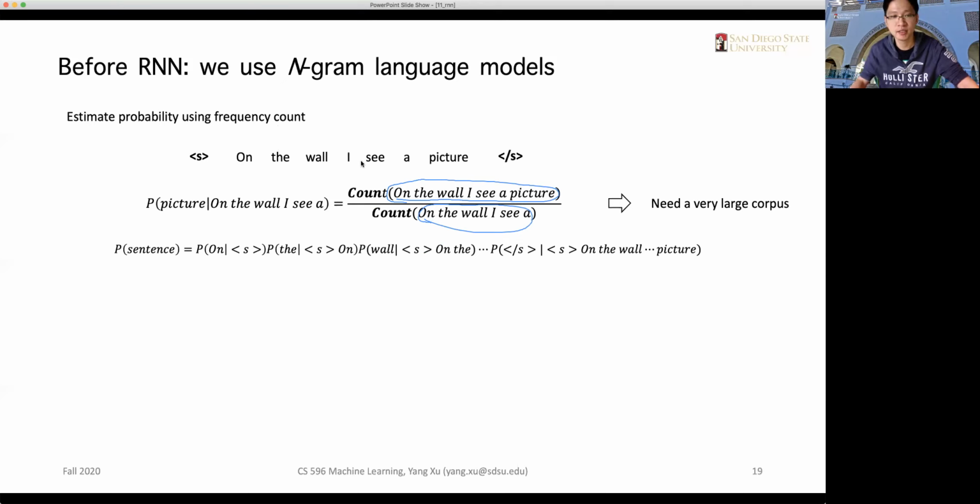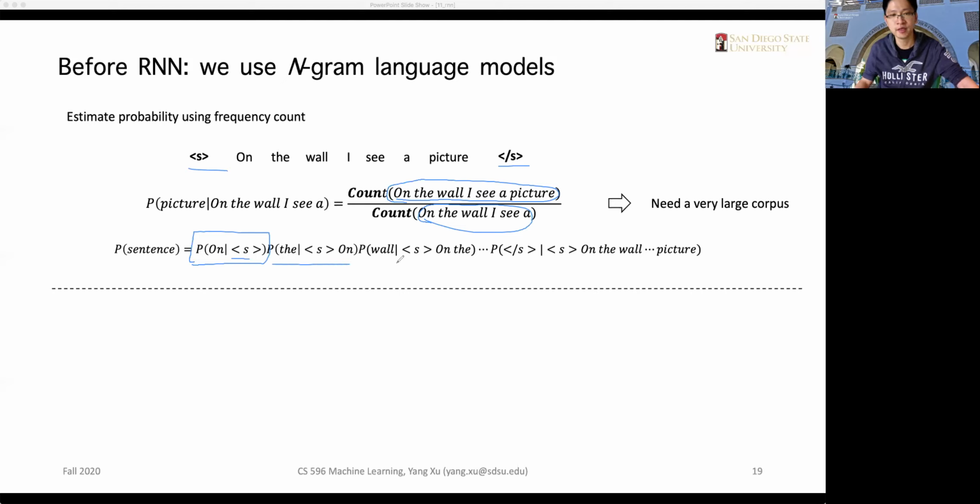The probability of the sentence is also decomposed into the combination of the probabilities of words based on the chain rule. Okay, so for example, here the first probability is the probability of the word "on" based on <S>. <S> is the starting symbol, and </S> is the ending symbol. Times the probability of "the," times the probability of "wall."